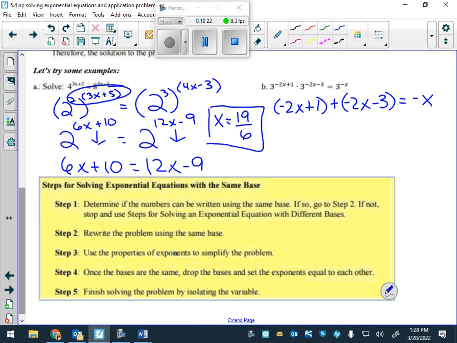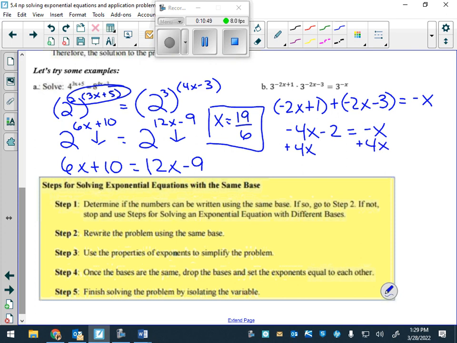Now what do I do? Combine like terms. Good. So negative 2x plus negative 2x. 1 plus negative 3. Negative x. Okay. Add the 4x.